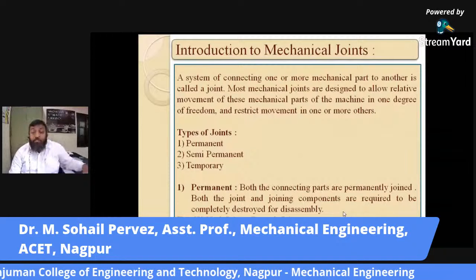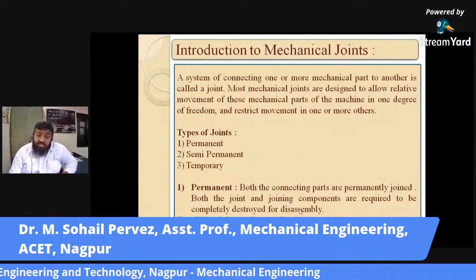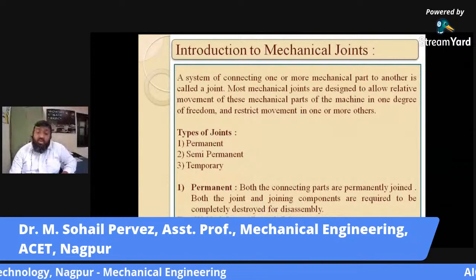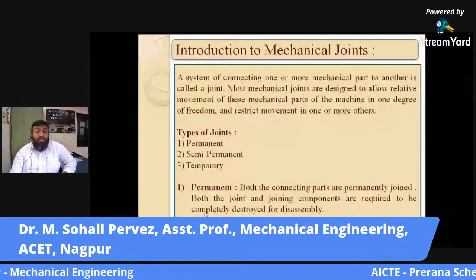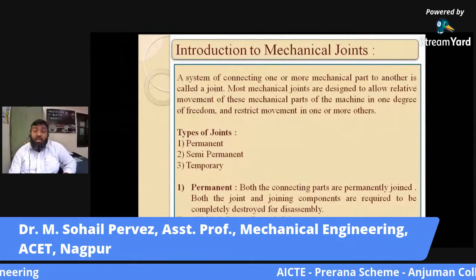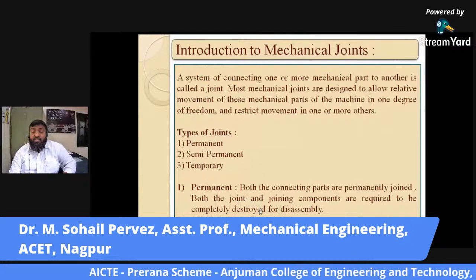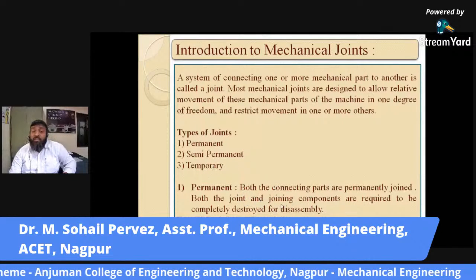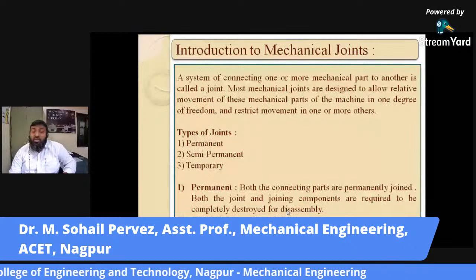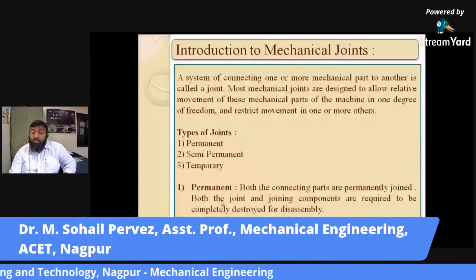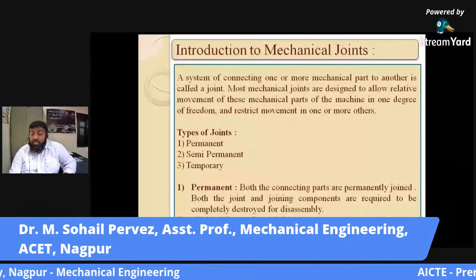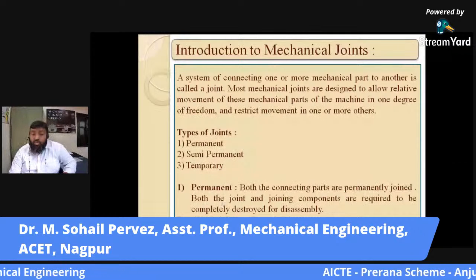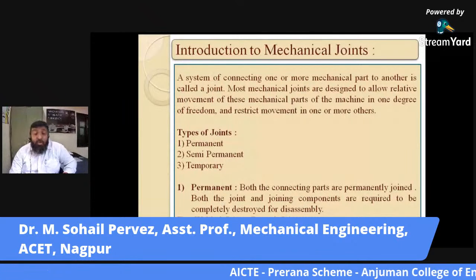This is the logic, this is the point wherein we say that this joint is permanent. So welded joint is the best example of a permanent joint. Brazed joints, brazing, soldering also, these are examples of permanent joints.